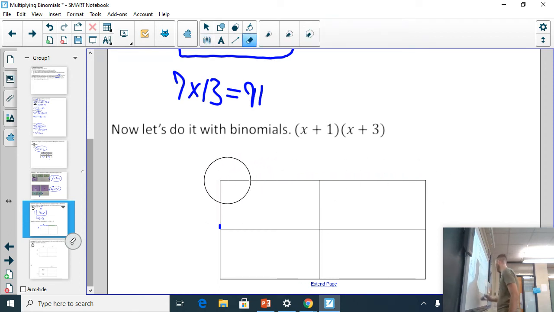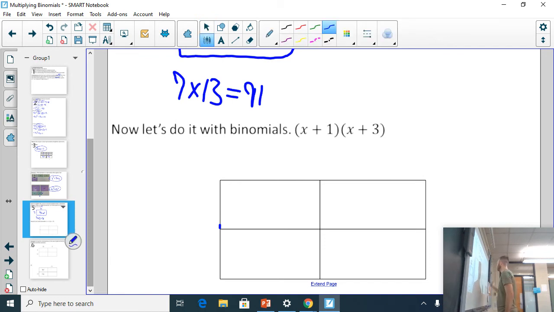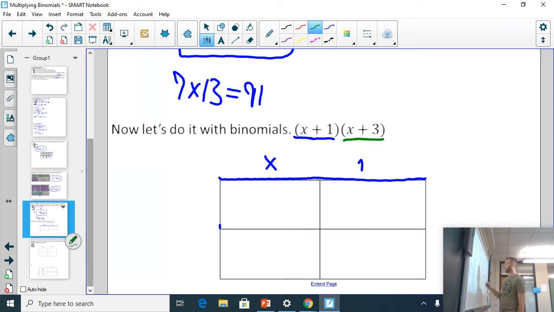I'll color code it this way. So let's say this length is x, and then we also want to do plus 1. And we said that length is 1. Now we want x plus 3 if we said this length is x, and then we said this length is 3. Aren't we multiplying those binomials together?